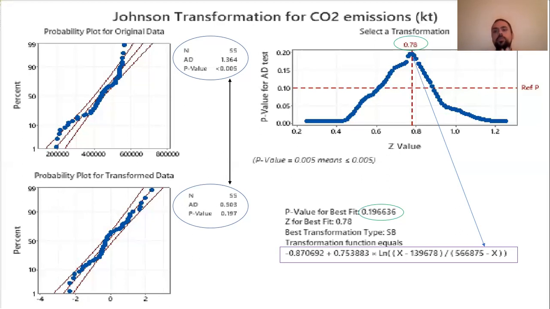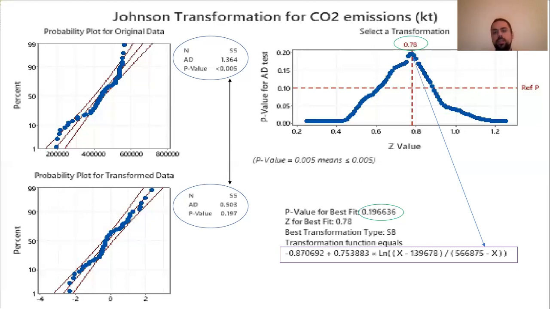It happens up to z equal to 1.25. And after that, by comparing all of these equations, the one which has the highest p-value is selected as the transformation function equation.